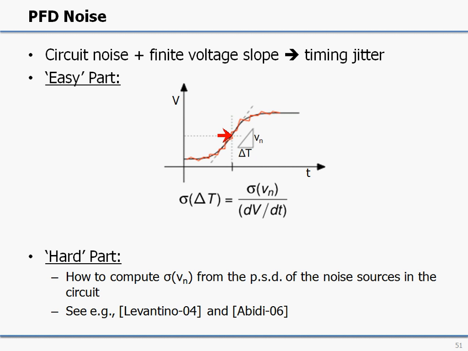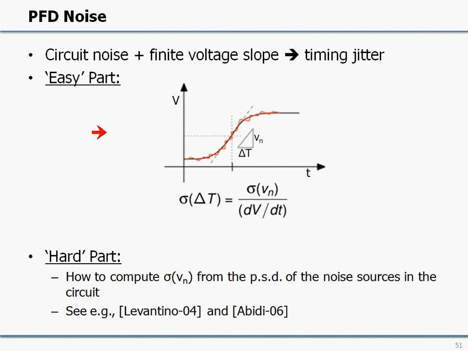Now, if we know the RMS value of this noise voltage, it's relatively easy to show that if we know the slope of the signal, the corresponding timing jitter is given by this expression.